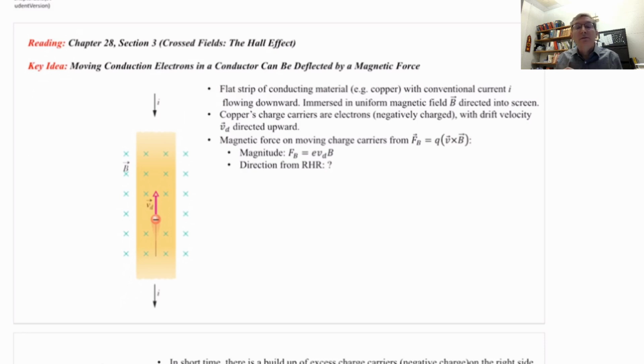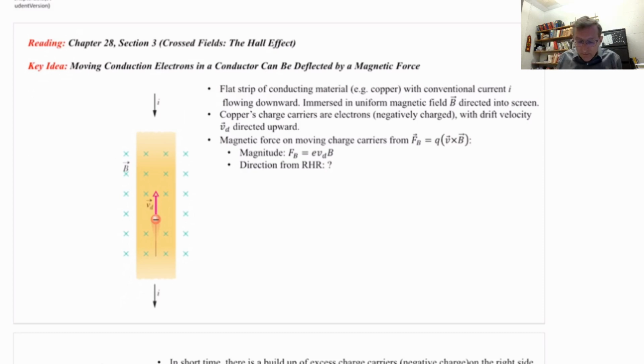In other words, it's really a continuation of the previous section. And we're going to talk about a situation where the electric field and the magnetic field, those two fields that our charged particle is in, are crossed, which remember means perpendicular to each other.